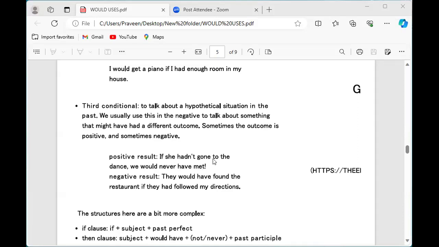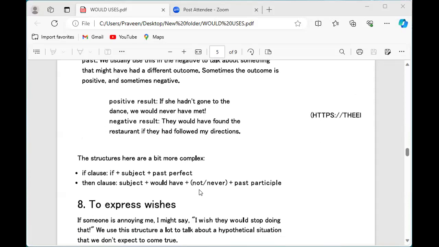Like, if she hadn't gone to the dance, we would never have met. That means she had gone to the dance, so we met her because she had gone. If she hadn't gone, they would have had no chance to meet her. That is what it means.